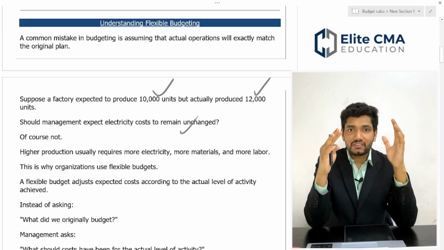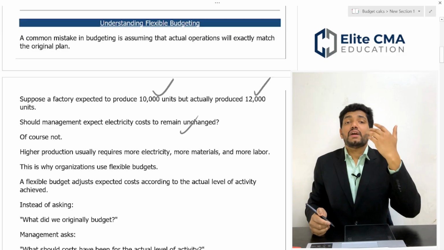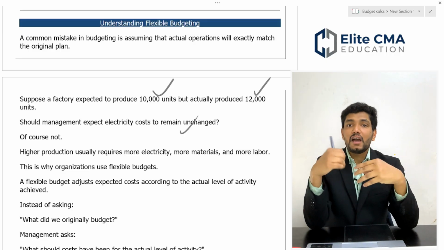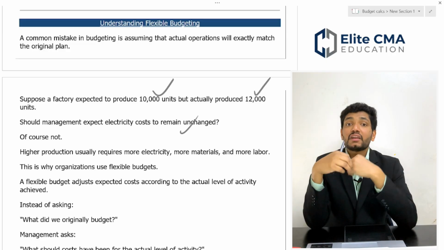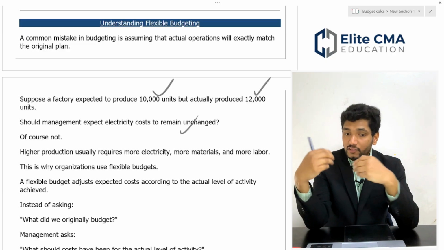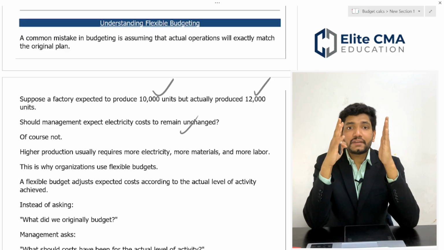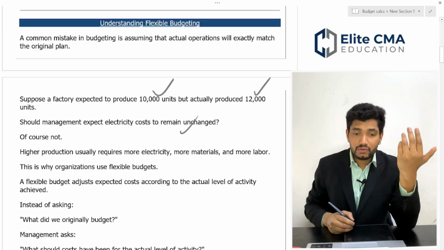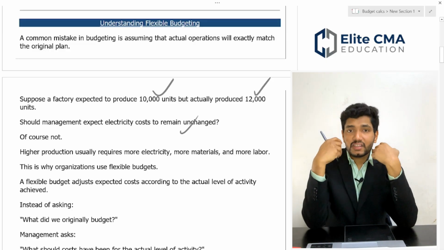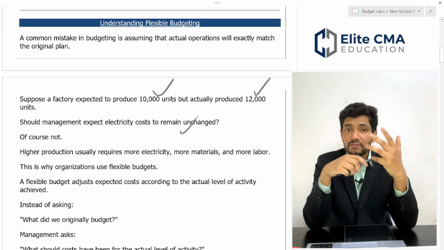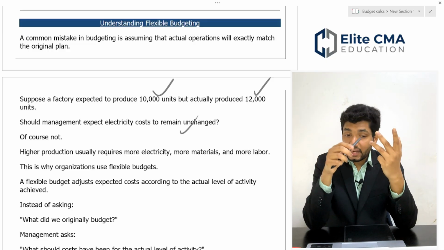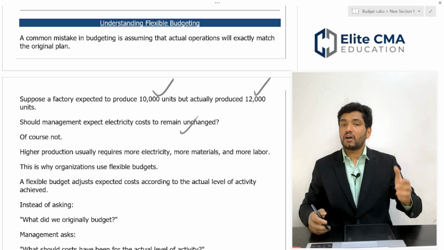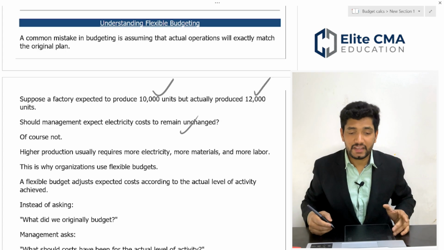No, the simple answer is no, because you expected to produce 10,000 units for a particular period and developed your electricity budget and all other related expense budgets based on that. But actually you produced 12,000 units. So there will be a change in all the variable expenses, like your electricity expenses, your purchase budget, direct labor expenses.